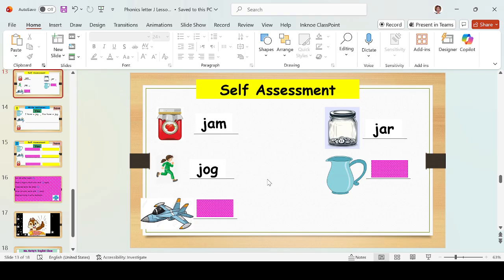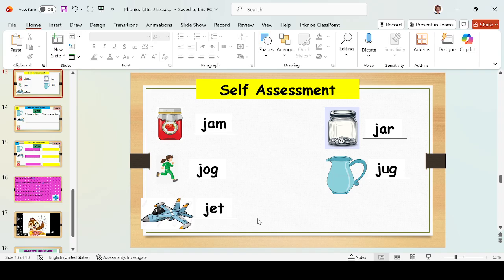I will show you the digraph in the next sessions. We are going to read many words with that. This one is J, O, G, jog. And this one, J, A, G, jag. J, A, T, jet. Did you write like this? Yes, Miss Ratty. Well done.